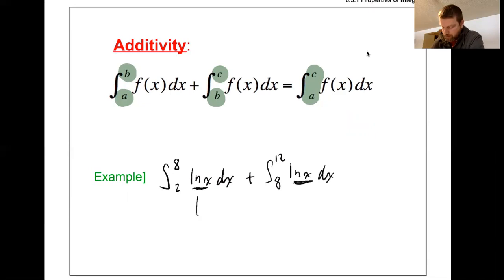As long as these things are the same, and this goes from 8 and that starts at 8, this will be the exact same thing as taking the integral at your very first starting point of 2 and going all the way to the last one of 12 of that same natural log of x dx.